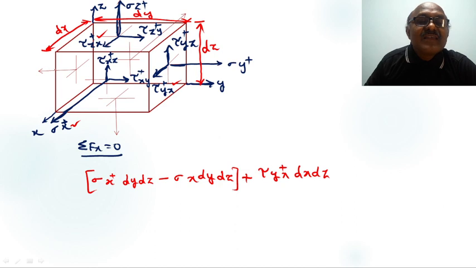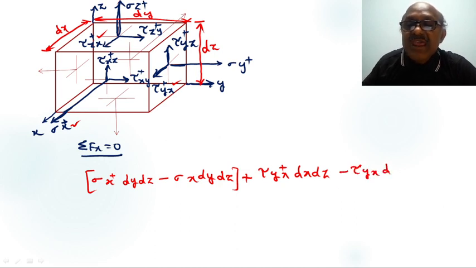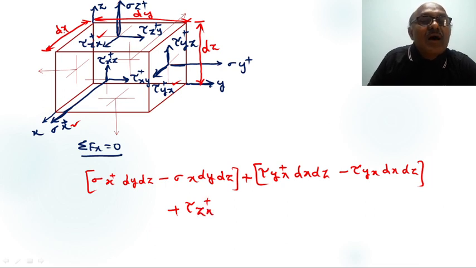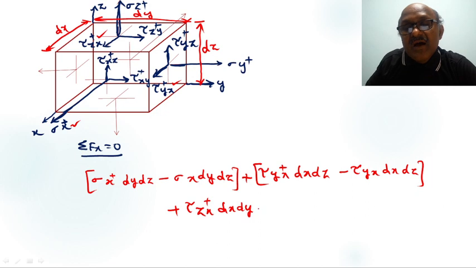Again on this face it is negative, that is tau y x into dx dz. Plus, again there is another one, tau z x plus, acting on this face, dx, what is the area? dx dy, minus tau zx into dx dy.